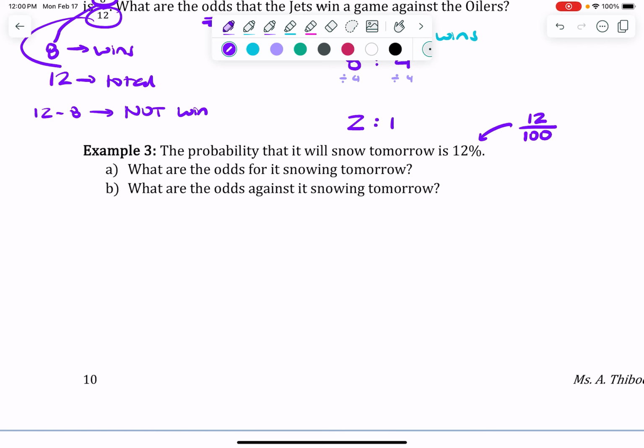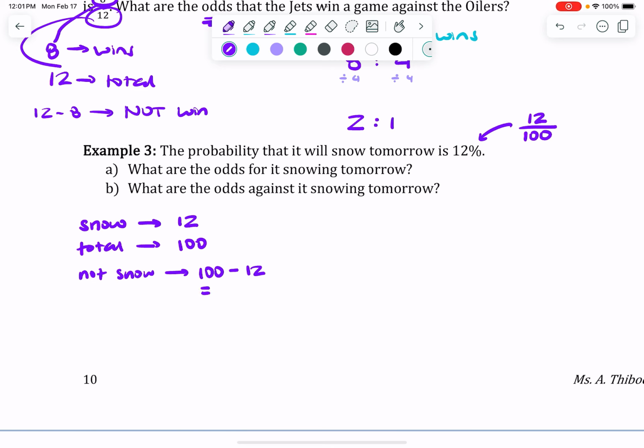So when I represent my odds, I know for snow I've got 12. The total, I've got 100. So for not snow, I have that difference: 100 minus 12, which is 88.